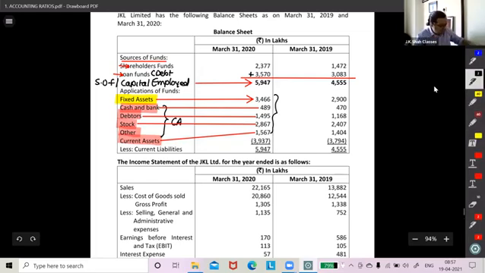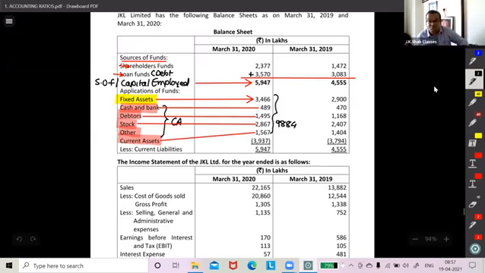Now see, understand the total of current assets is not done. So if I say total of current assets, it would be 3466 plus 489 plus 1495 plus 2867 plus 1567. Total is 9884. I'm just showing for 1 year.